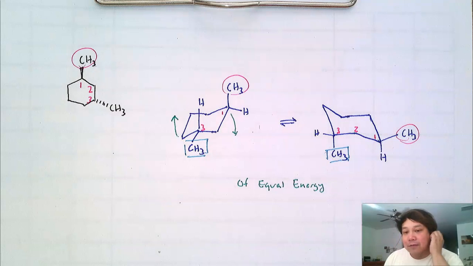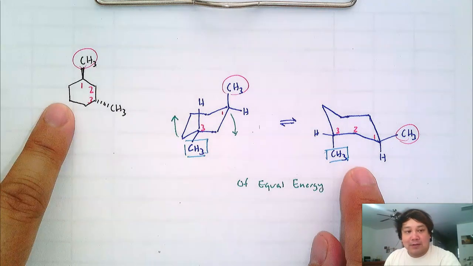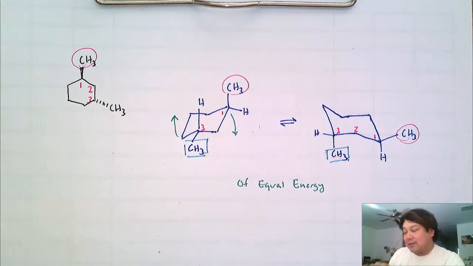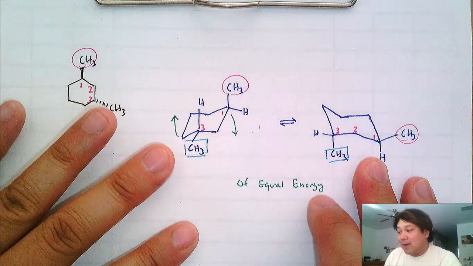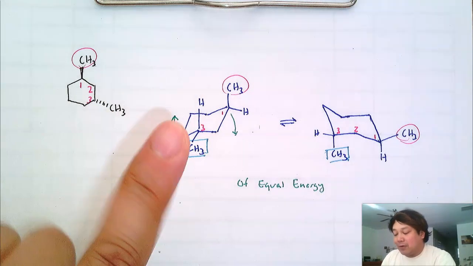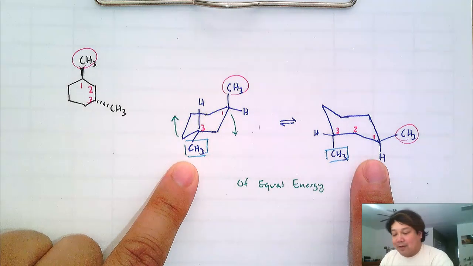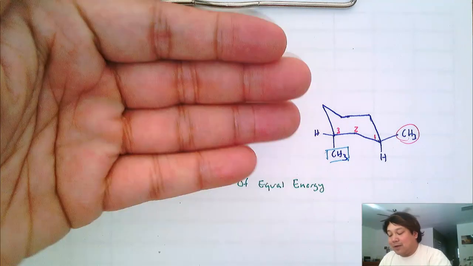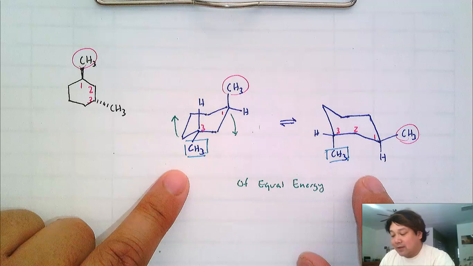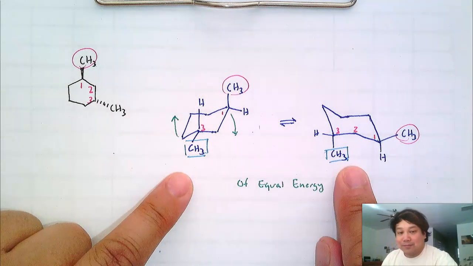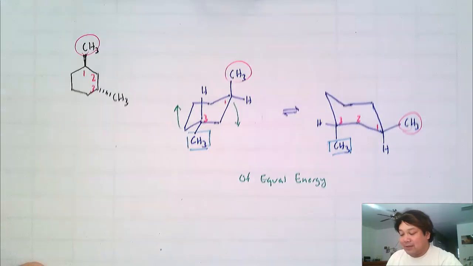And in real life, if you have a jar of this dimethyl cyclohexane, and you freeze the jar and say stop moving, stop vibrating, 50% will look like this, 50% will look like this. Obviously they could go upside down, but in terms of chairs, you're always going to have one axial and one equatorial. So that's equal energy.